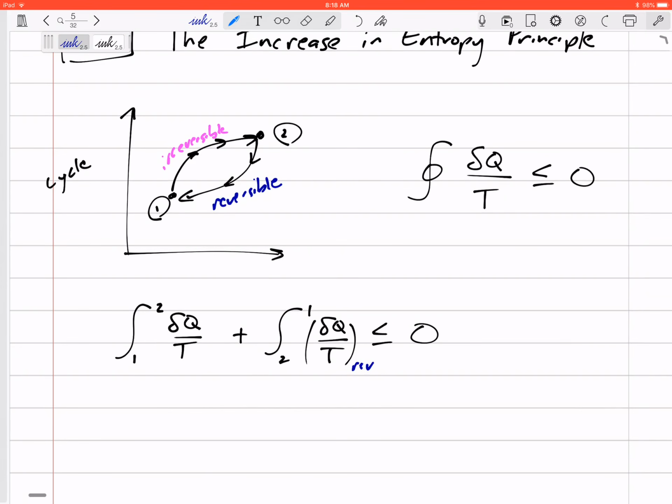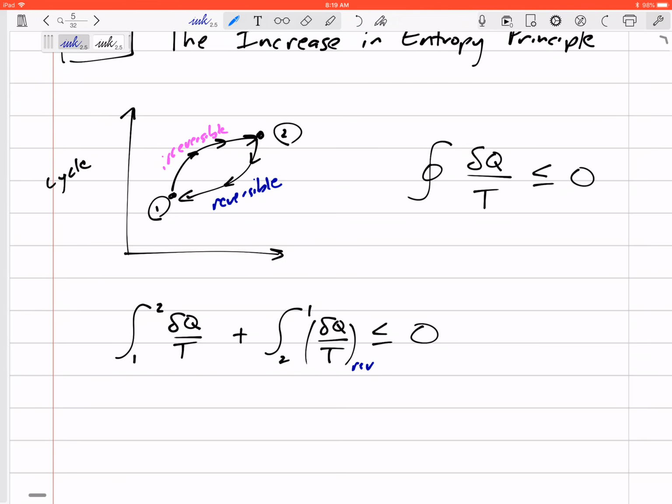So let's break this up into, if we go from 1 to 2 and then back from 2 to 1. Let's say we go from 1 to 2 just some weird way, any way that we want to, but then we come back from 2 to 1 in a reversible way.